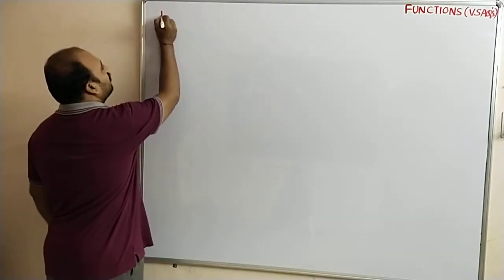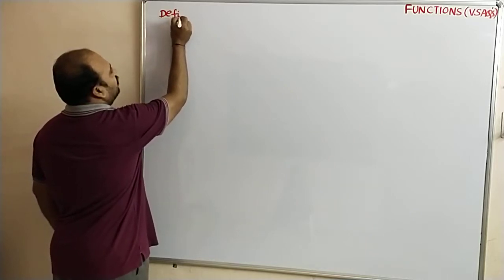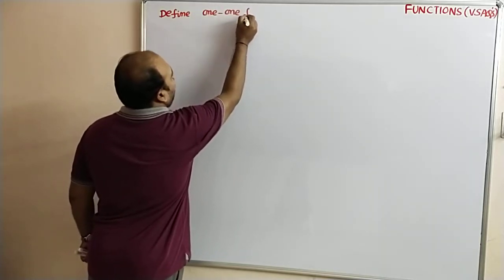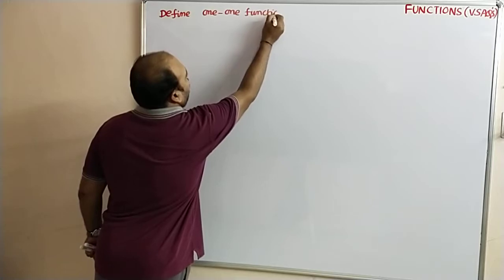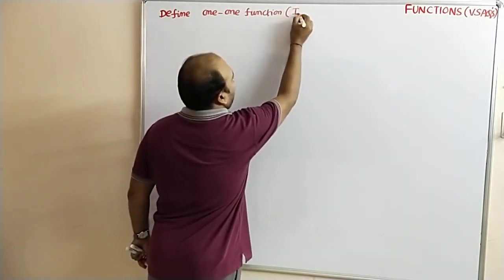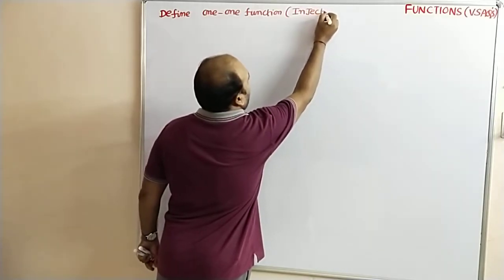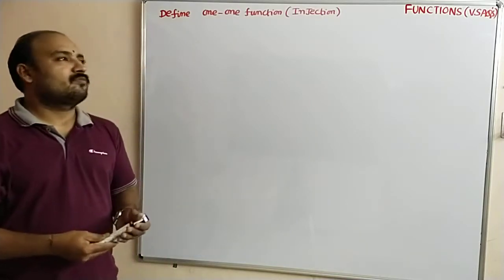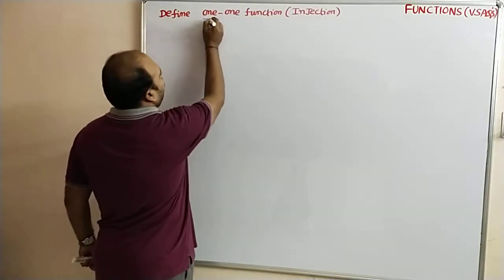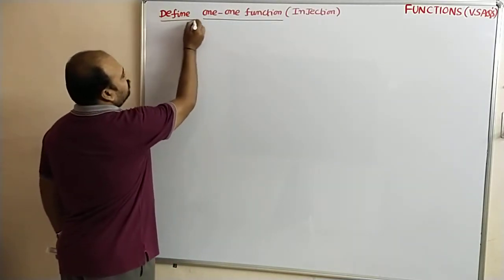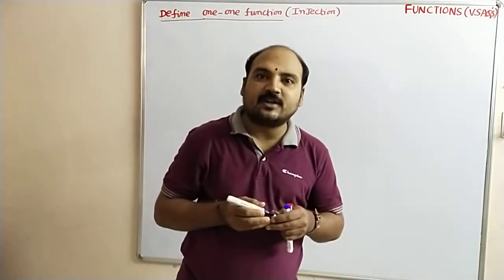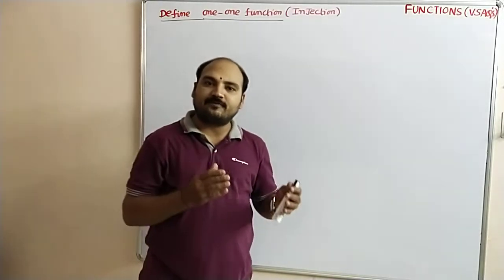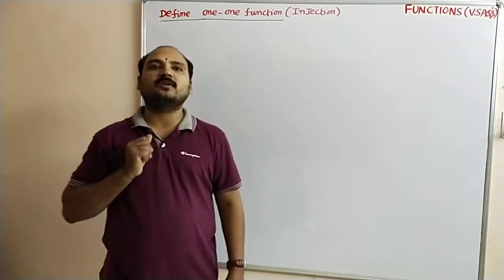So define one-one function or injection. What is the meaning of one-one function? The function f is defined from A to B, where A is the domain and B is the codomain. f from A to B is a function.